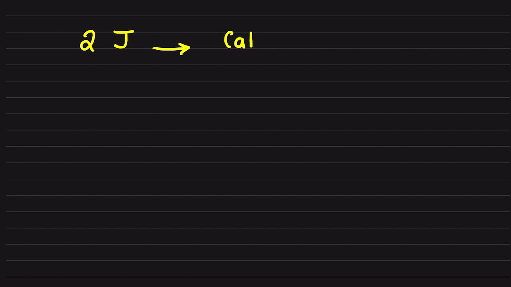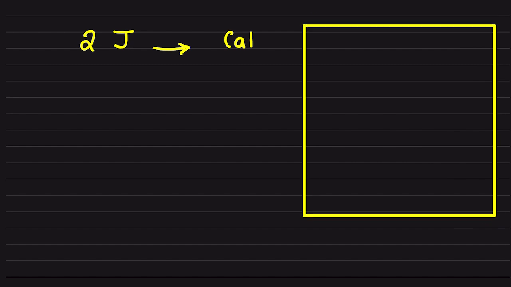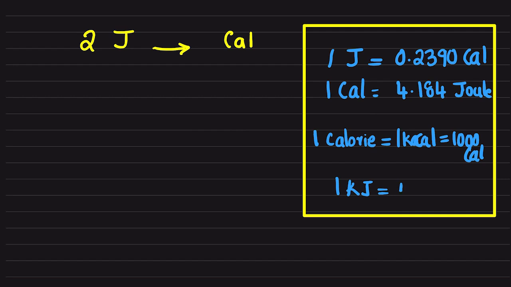Here we need to write the conversion factors. 1 joule equals 0.2390 cal. 1 cal equals 4.184 joule. 1 kilocalorie equals 1000 calorie. 1 kilojoule equals 1000 joule.